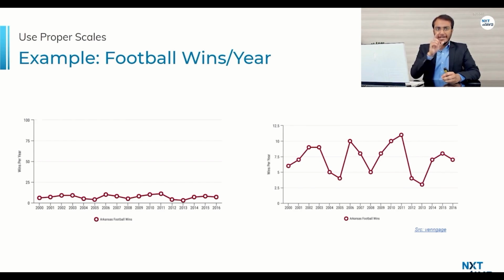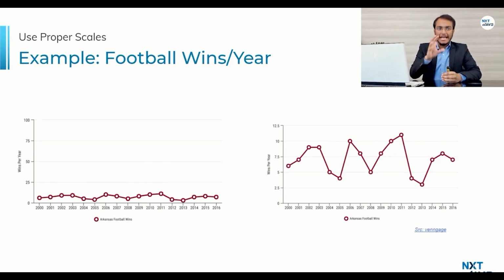On the left graph, the y-axis has 0, 25, 50, 75, 100. Even though they haven't won more than 25 matches in any year, they're using a scaling that makes it look like they have won more or less the same number of matches every year. But that's not the actual case.